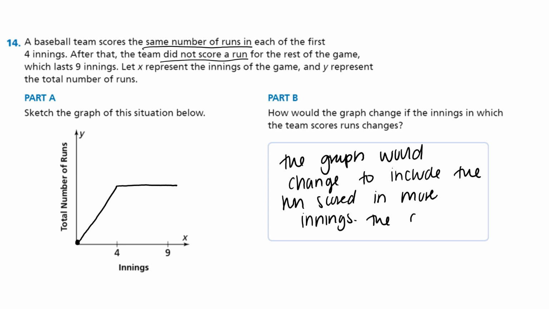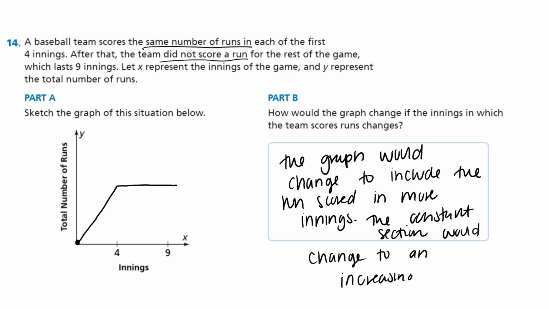The constant section would change to an increasing one. If they continued to score runs, then that constant section would continue to increase as it does in the beginning.